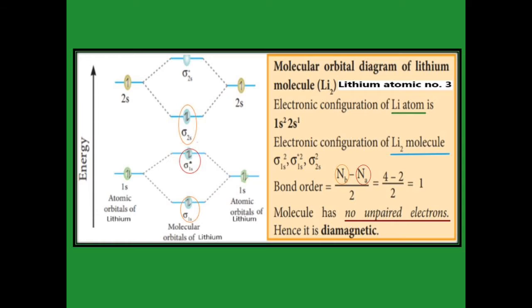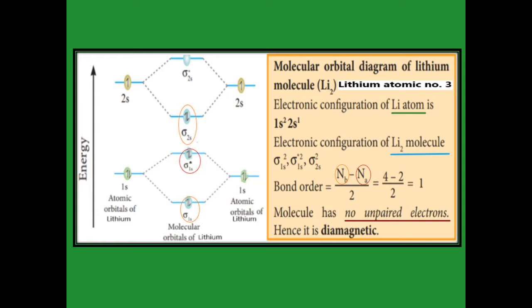Now see the right hand side. 1s2 means the 1s of one lithium atom and the 1s of another lithium atom combine with each other and give molecular orbitals. S combining forms a sigma bond, so we put sigma 1s, and it also forms sigma star 1s. Sigma 1s lies below in the diagram and sigma star 1s lies above it.